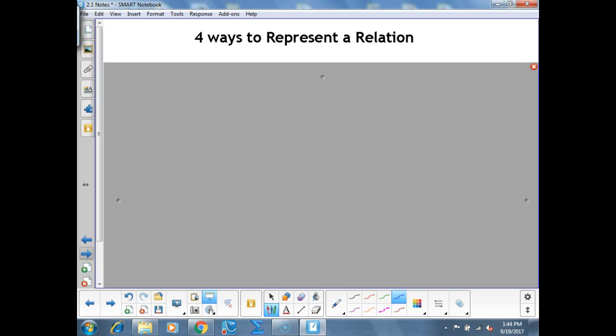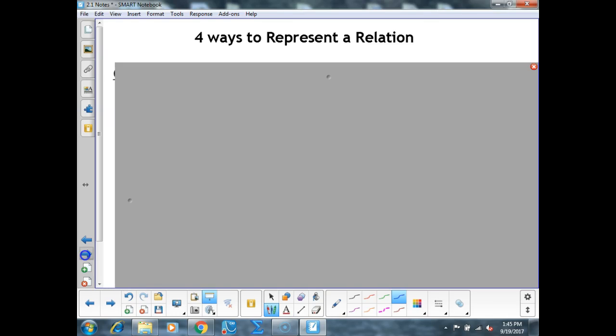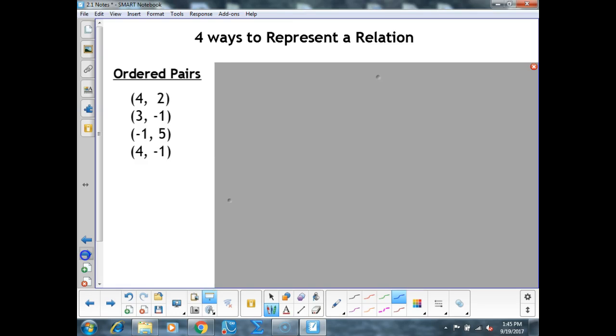So, there are 4 ways to represent a relation. I will use the exact same relation in the 4 ways. The first way is you could write your relation as a set of ordered pairs, or a list of ordered pairs.